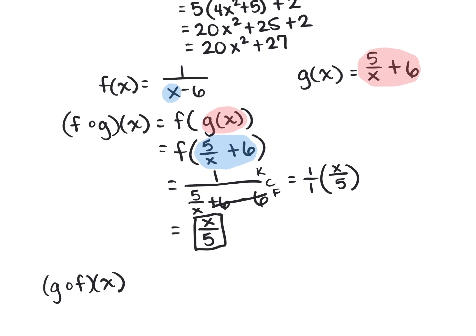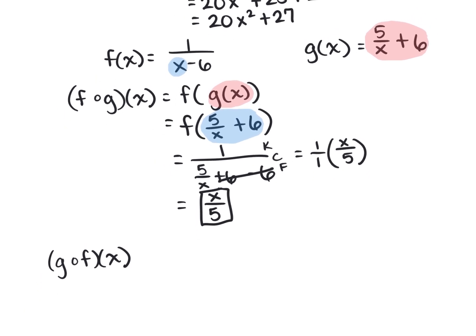So we're going to reset that problem, and I'm going to be doing it in the opposite direction. So I'm going to erase my shading. This was 5 over x plus 6. So in this case, I'm doing g of f of x.